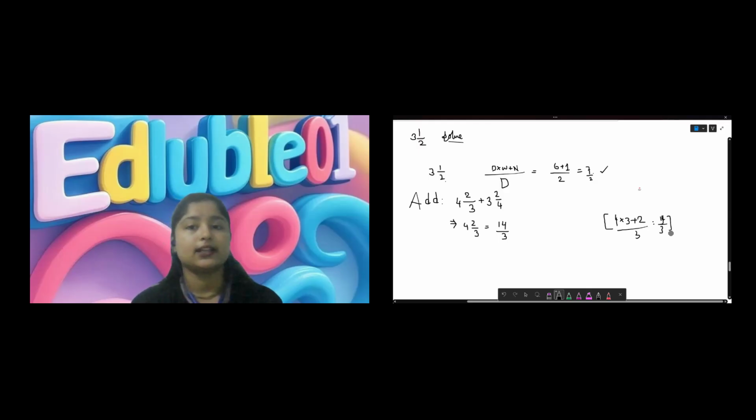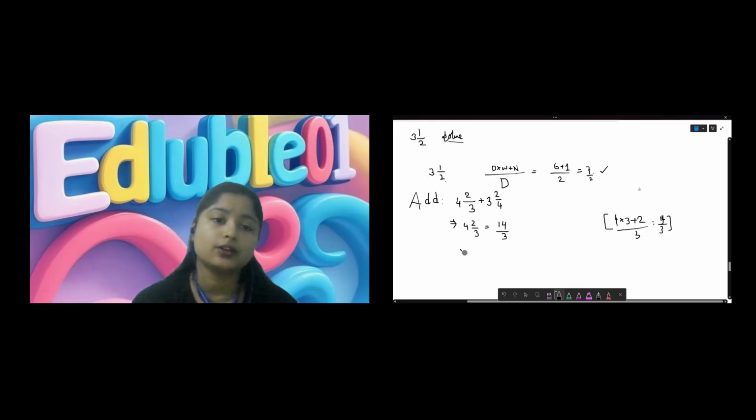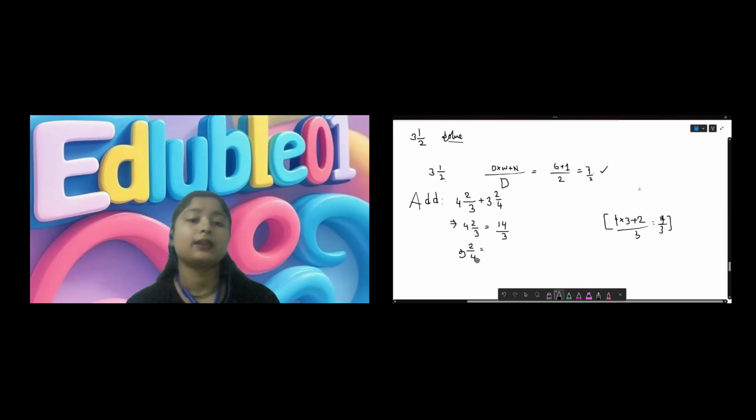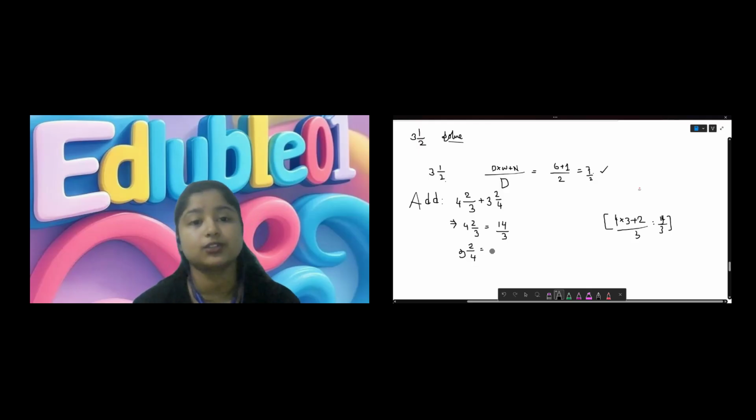Now, let's solve the other mixed fraction, that is 3 2 over 4. Again, the same logic we need to apply. Denominator times whole number, that's 4 times 3, so it's going to give you 12. Plus 2 is 14. So, 14 over 4 this time.